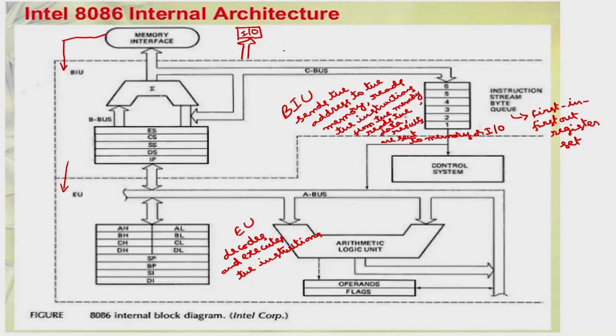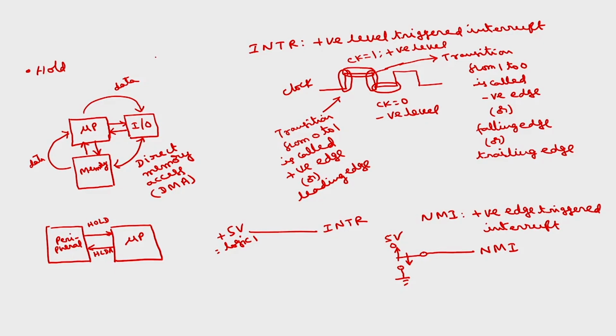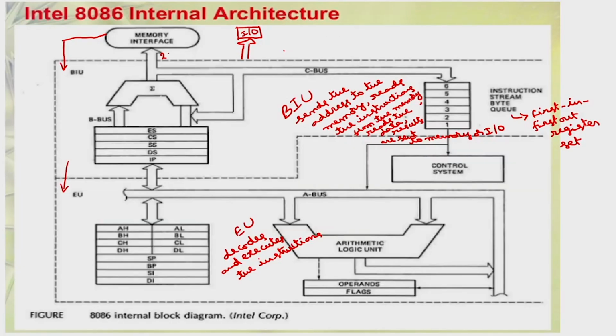So this code segment, or any segment, contains the contents of the segment register multiplied by 10H, plus the contents of the instruction pointer or any base pointer. In that way you can compute the physical address. This is a 20-bit physical address, whereas these registers are 16-bit registers.